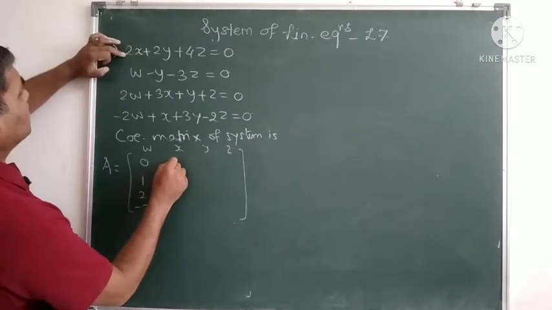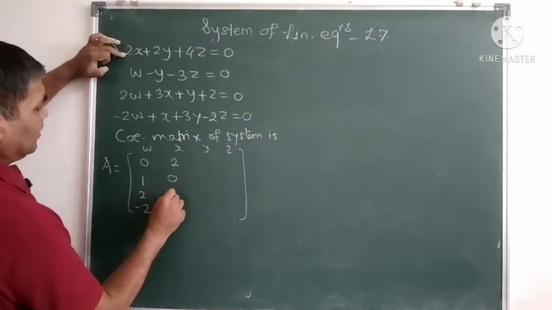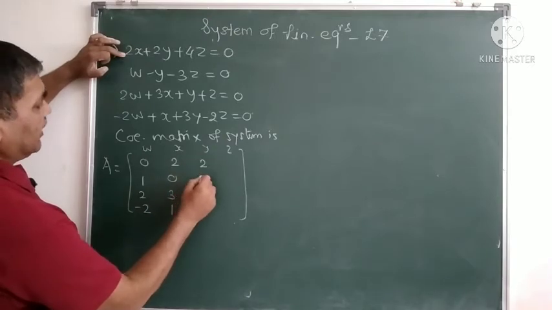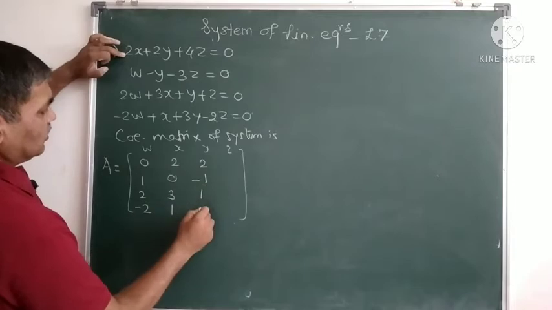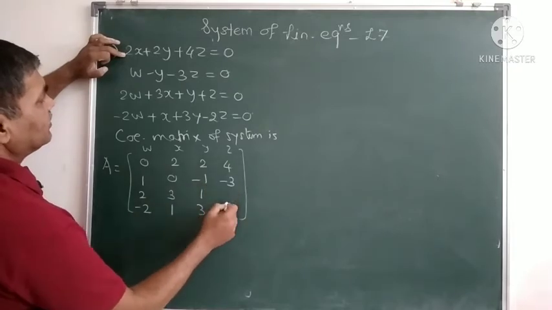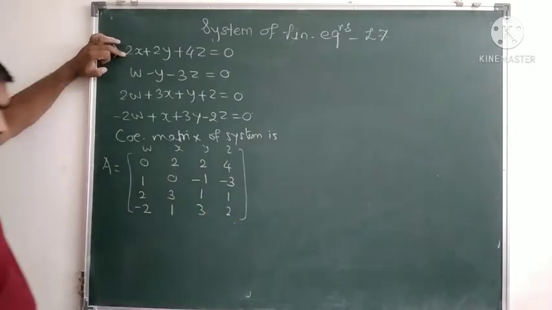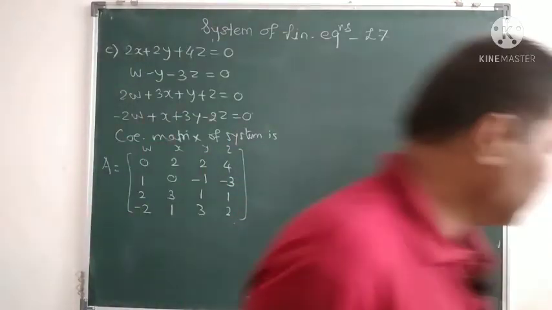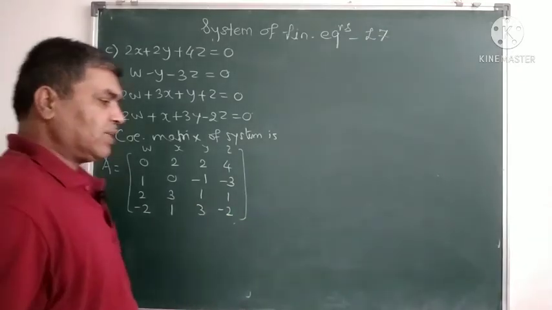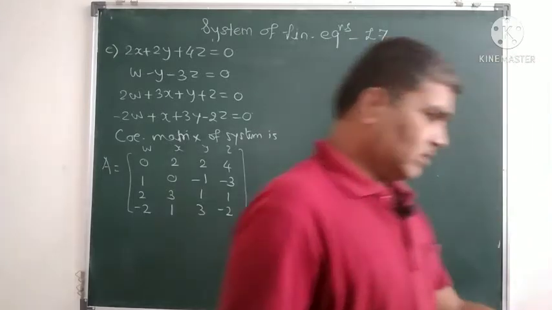The x column: 2, 0, 3, 1. Then y and z: 2, minus 1, 1, 3, and 4, minus 3, 1, 2. Let me verify it. Rows: 0, 2, 2, 4; 1, 0, minus 1, minus 3; 2, 3, 1, 1; minus 2, 1, 3, minus 2. So if you make a single mistake, then your answer will not match whatever answer is given in the book.